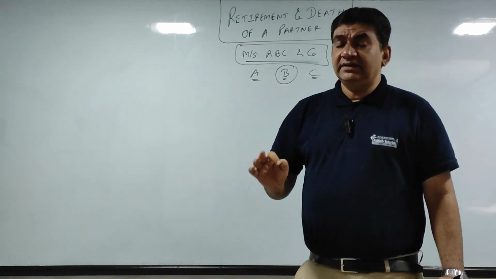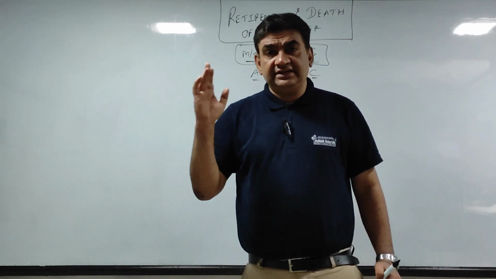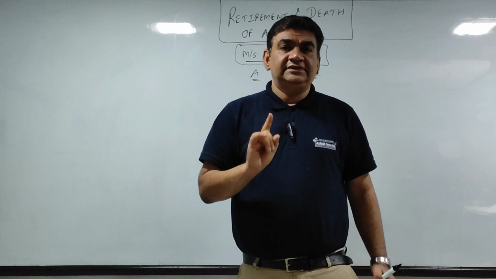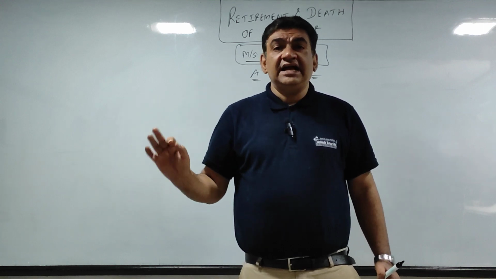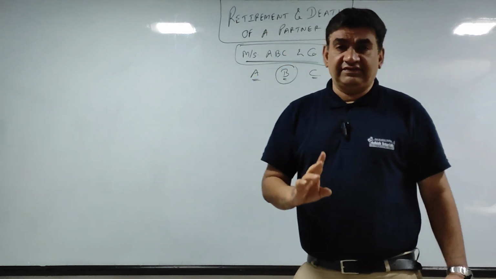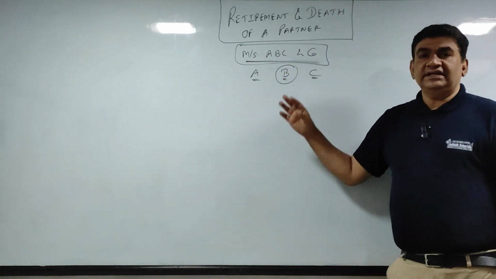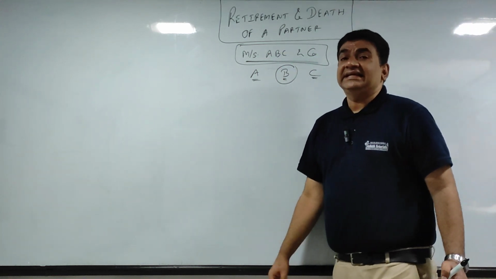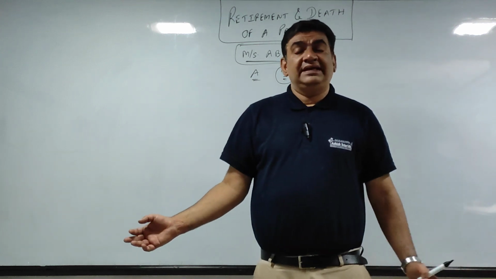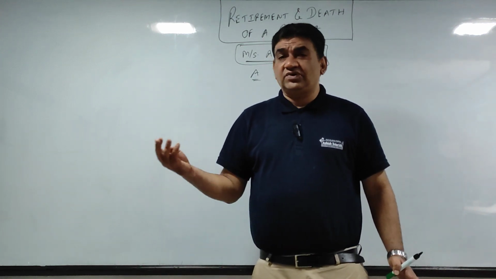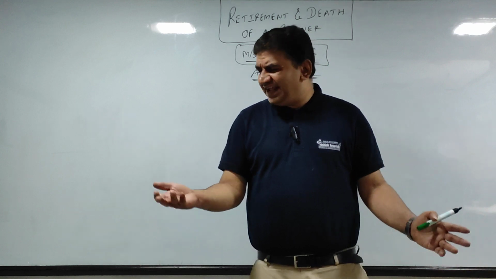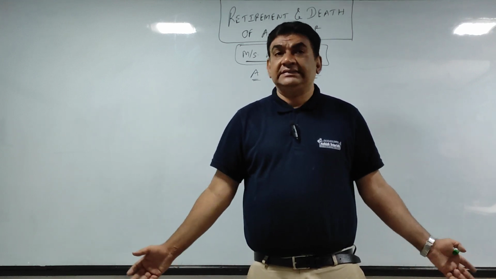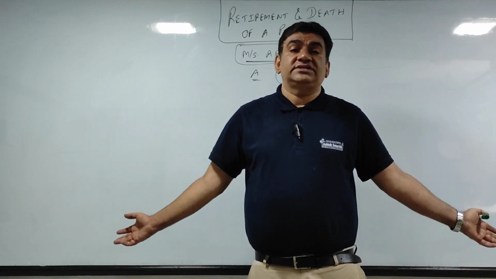So in retirement the partner goes out, he is out of the business but he is still alive. The partner has left the firm but he is still alive. What will happen in death? Let's take the same example of partner B. Unfortunately, he is no more. He dies due to an accident or some disease or a heart attack or any other reason. The partner expires. Anyway, he is out of the business.